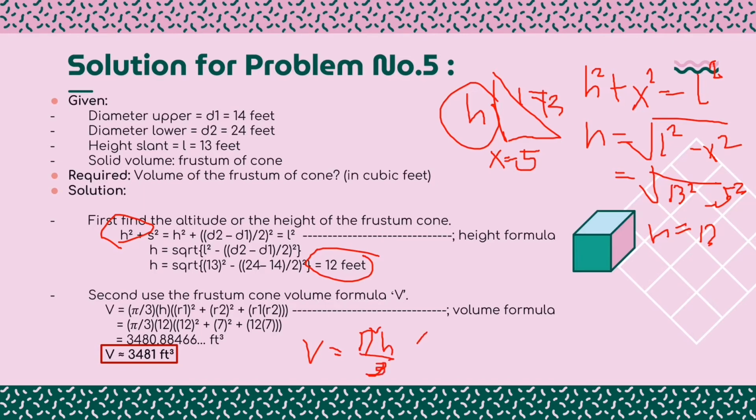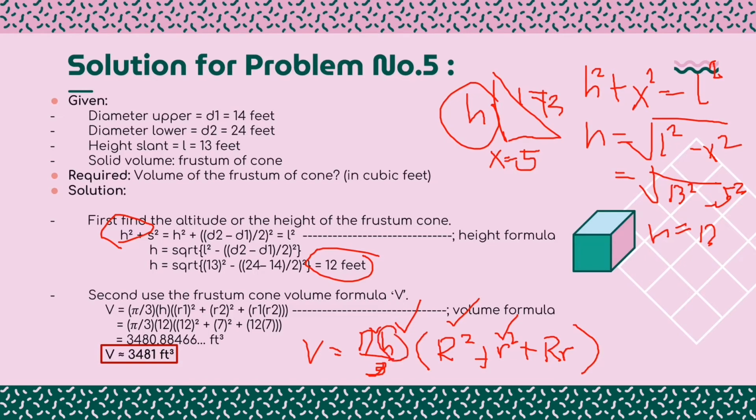So the formula for the volume of a frustum of a cone is pi over 3 multiplied by h, times the big radius squared plus the small radius squared plus the product of the small and big radii. We can now substitute.